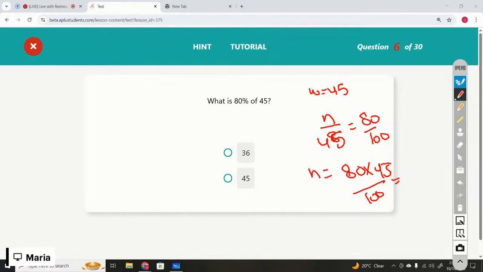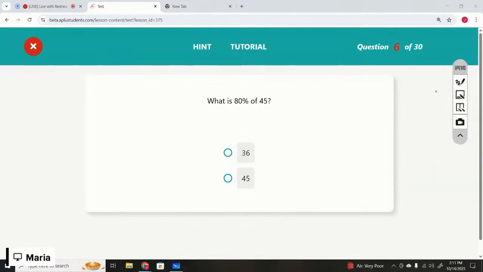So 45 times 80 is 3600, and 3600 divided by 100 is 36. So 80% of 45 is 36. Option number 1 is the correct option.